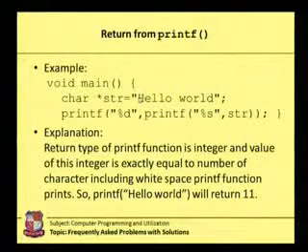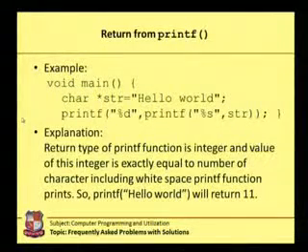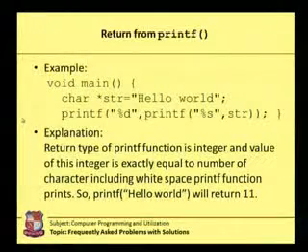Hello contains 1, 2, 3, 4 and 5 characters. These 5 characters are given as a string to printf. Printf writes it to the output buffer and it returns to you that I have written 5 characters into the buffer. So the output you are going to get is hello, but the return value you are going to get is 5.